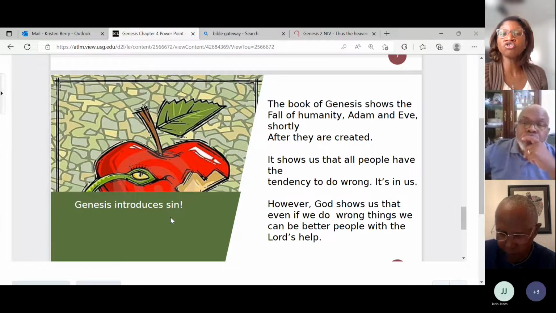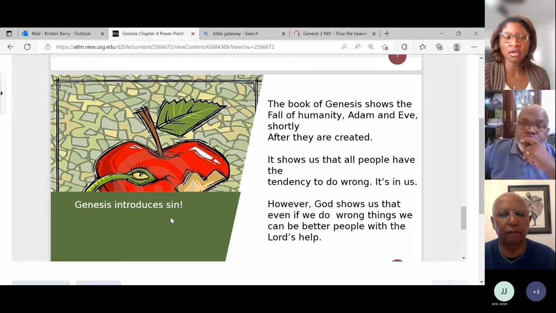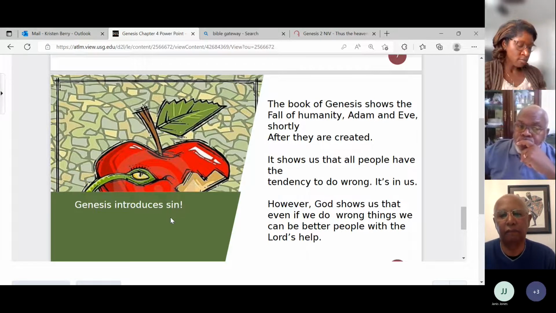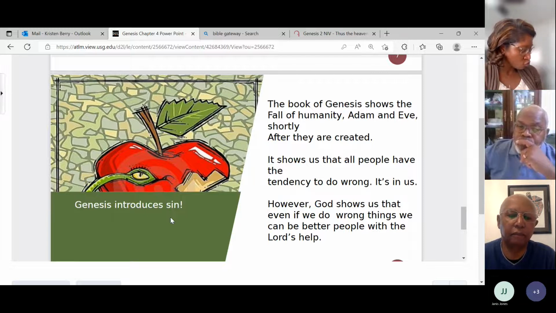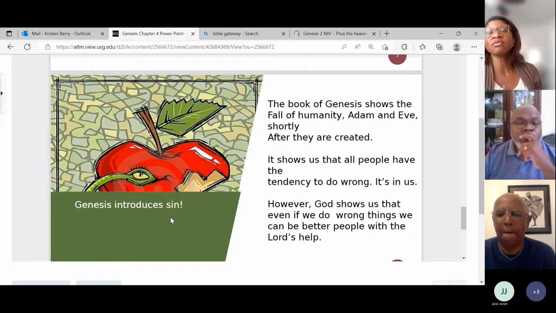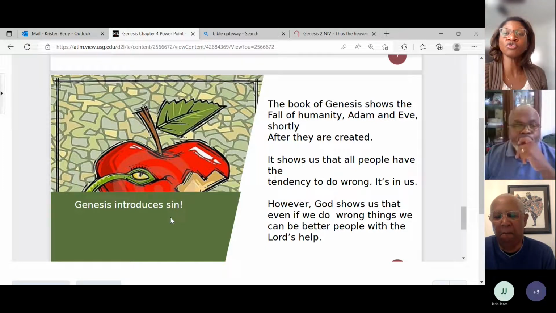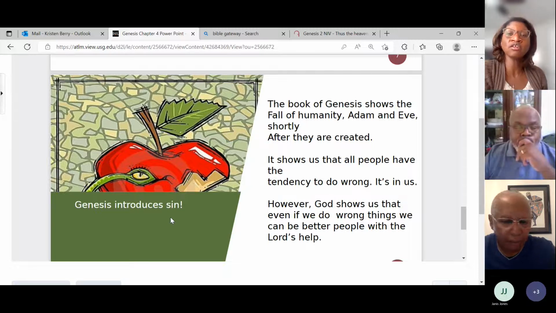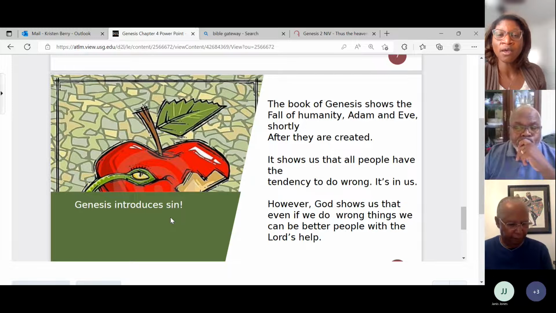Genesis also introduces sin. This is where we get the word. This is where we're introduced to this character of the serpent. This is where we are introduced to good and evil and having knowledge that humans need to follow a particular way.